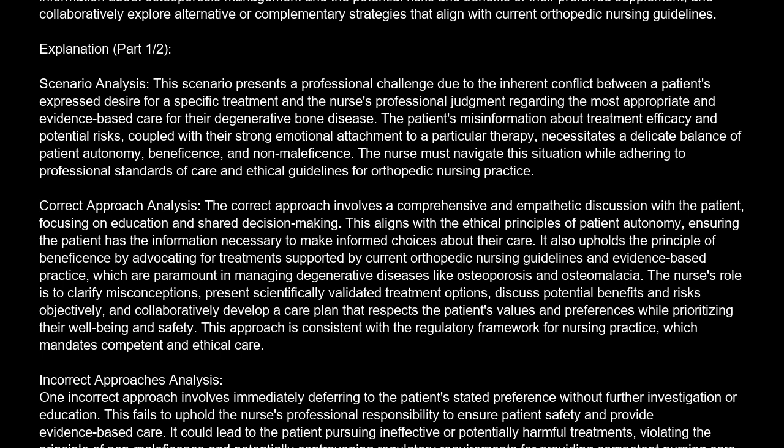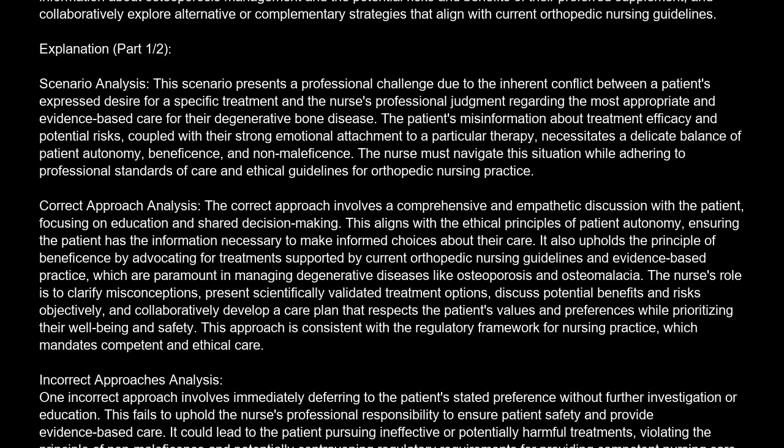decision-making. This aligns with the ethical principles of patient autonomy, ensuring the patient has the information necessary to make informed choices about their care. It also upholds the principle of beneficence by advocating for treatments supported by current orthopedic nursing guidelines and evidence-based practice, which are paramount in managing degenerative diseases like osteoporosis and osteomalacia.